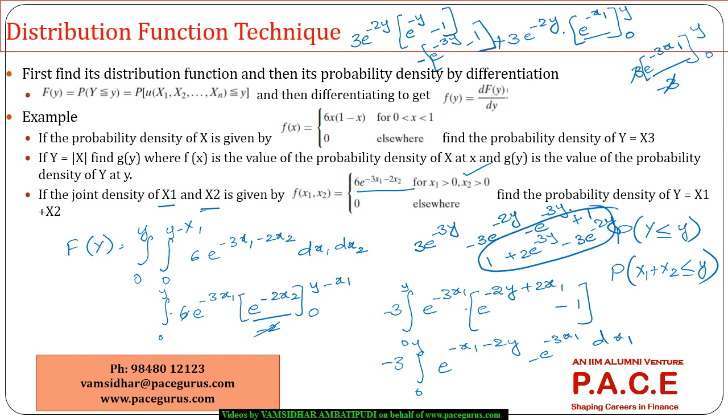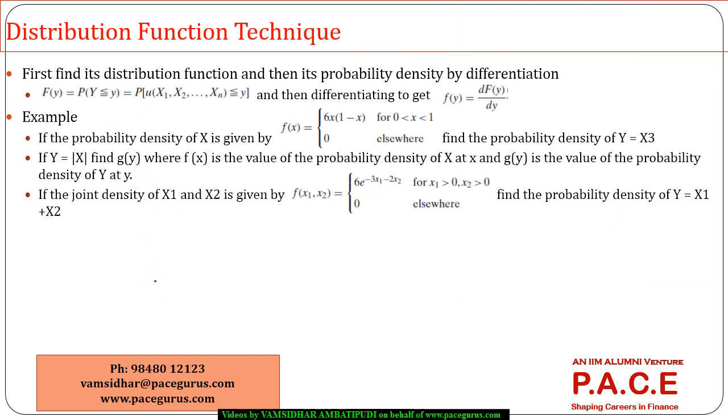So this is what is becoming the capital F of y, which is the distribution function associated with y, coming out as 1 plus 2e power minus 3y minus 3e power minus 2y.